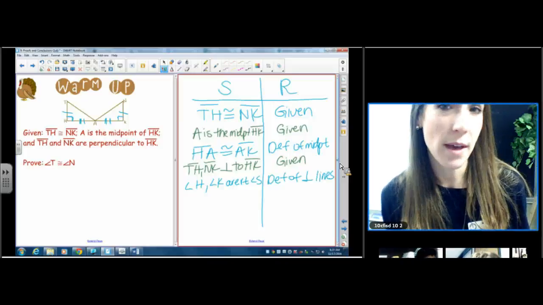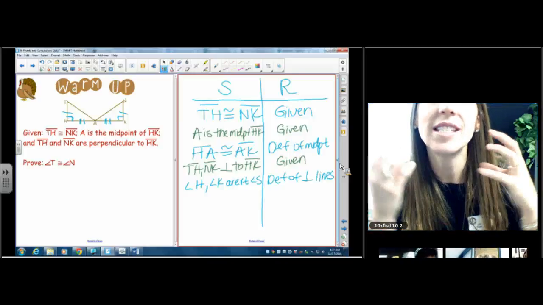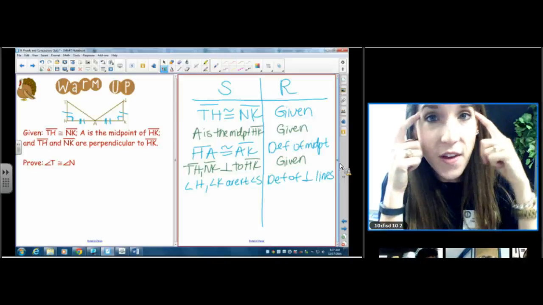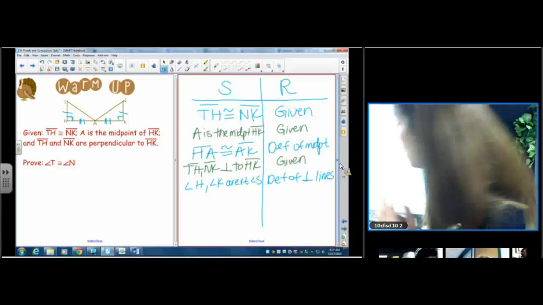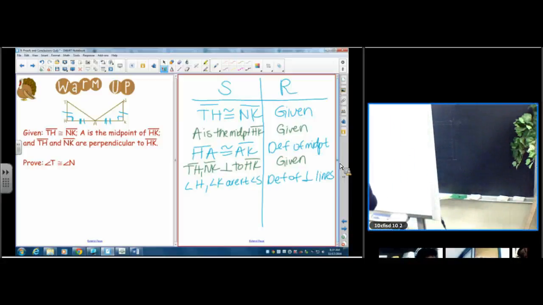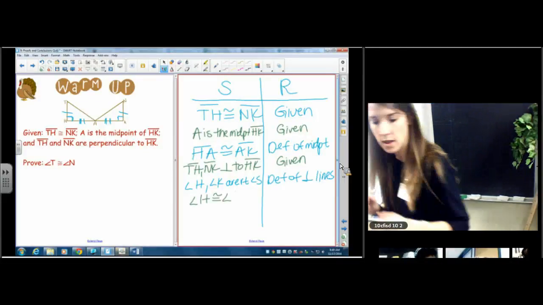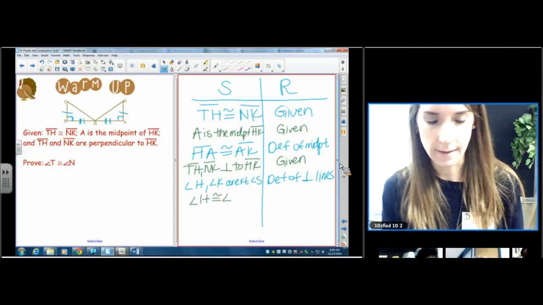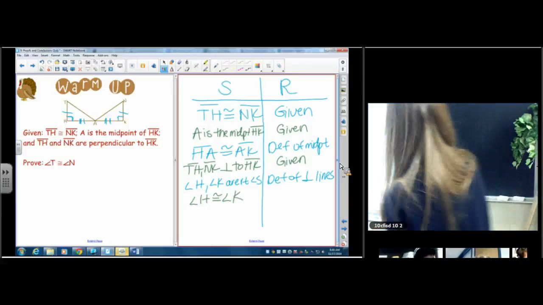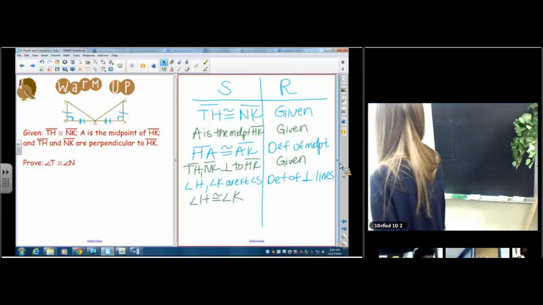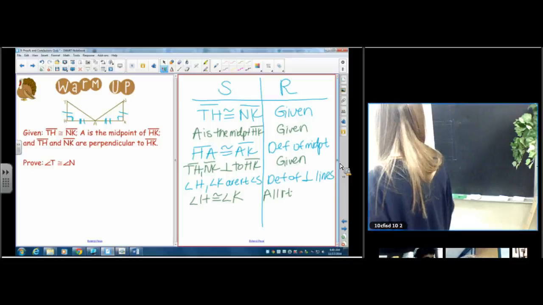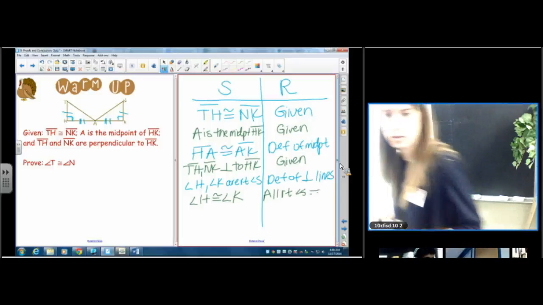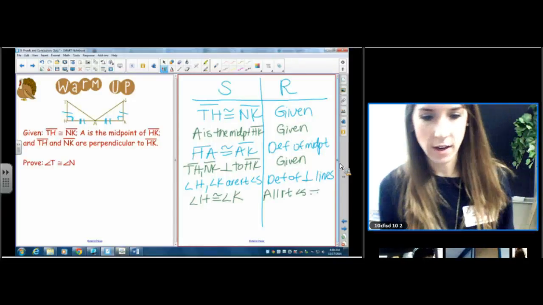I know you know in your head that they're congruent, but you haven't stated it. So the next step is angle H is congruent to angle K. And Dustin, what's the reason? Awesome. Good job, Dustin. They are congruent because all right angles are congruent.